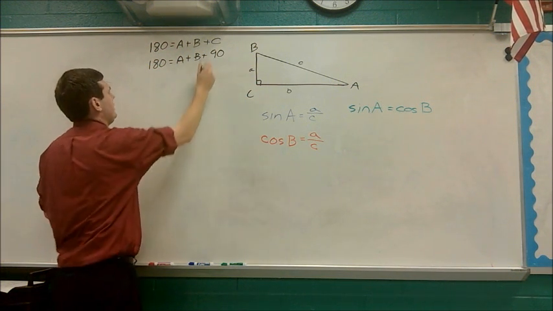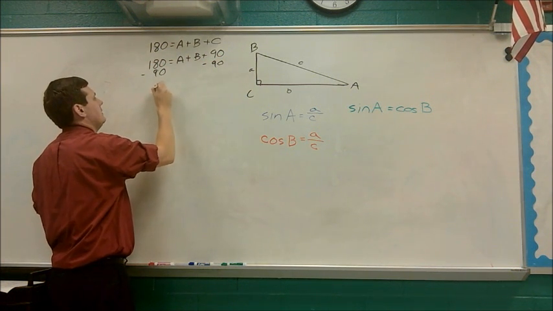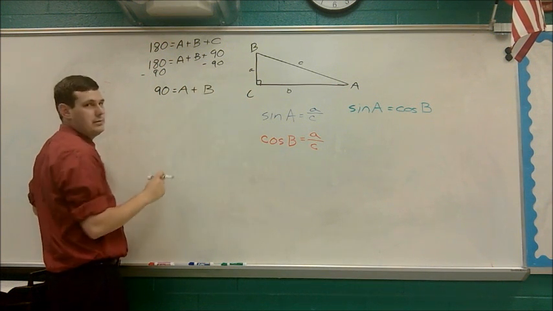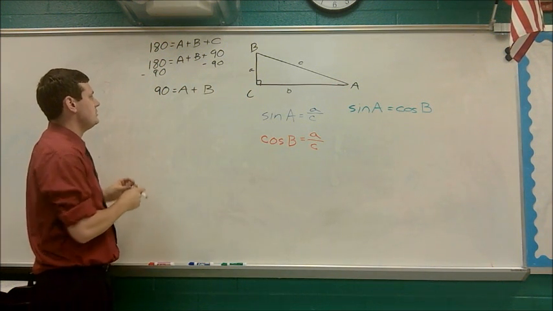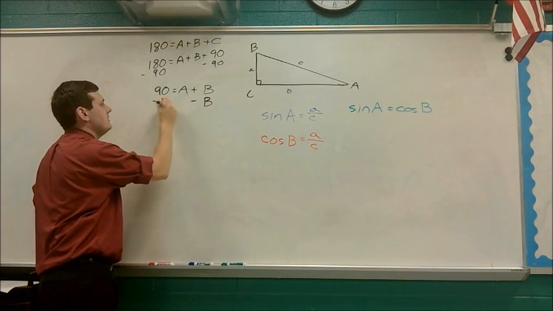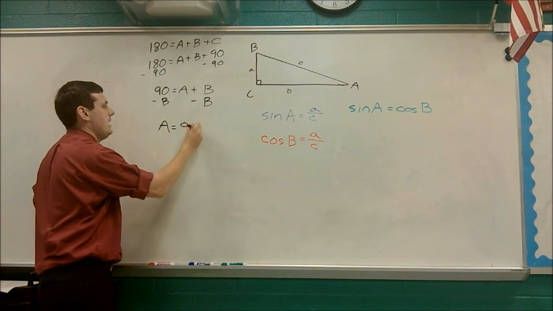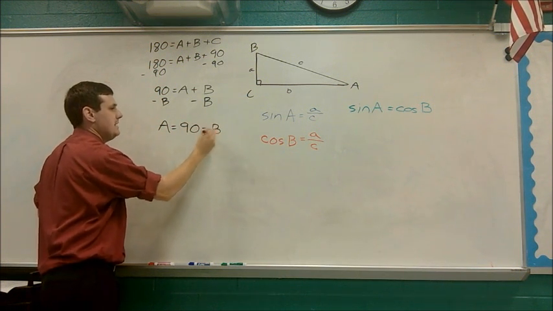So I subtract 90 from both sides. That means 90 is equal to A plus B. If 90 is equal to A plus B, I'll subtract B from both sides. That means A equals 90 minus B.